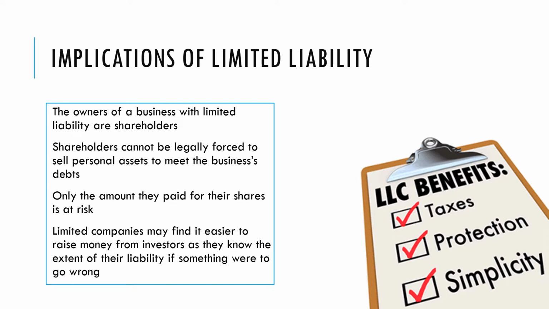There's no risk of losing any of their personal assets. So to do this you need to register with the government, and as a result you start paying corporation tax, but your liability is protected to an extent because you can't lose any of your personal assets, only the money invested in the business.